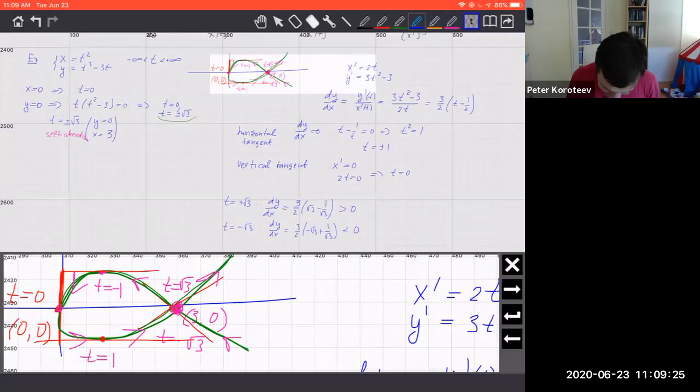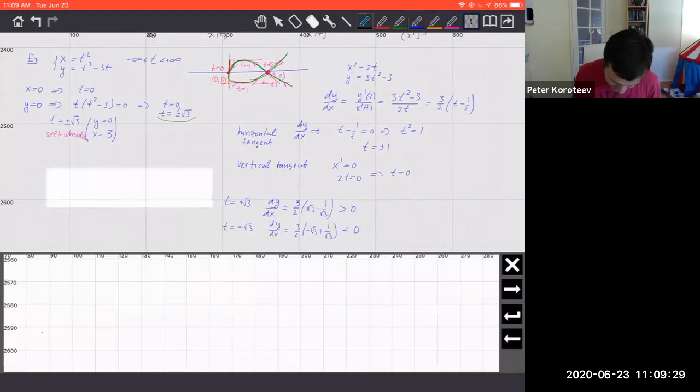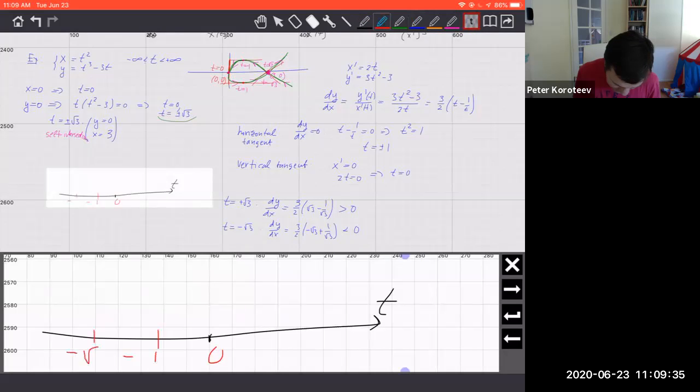Good question. So we know when t is equal to negative root 3, so let's draw it here. So this is t equals 0. These are the most interesting points in our story.